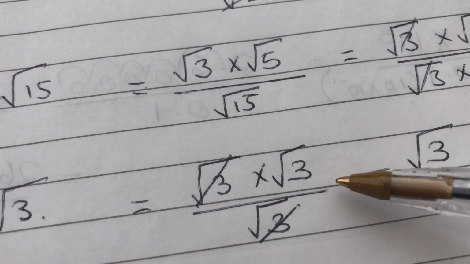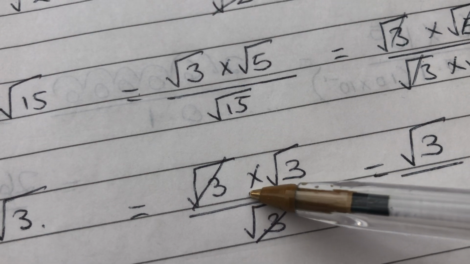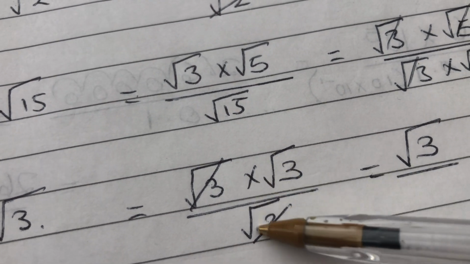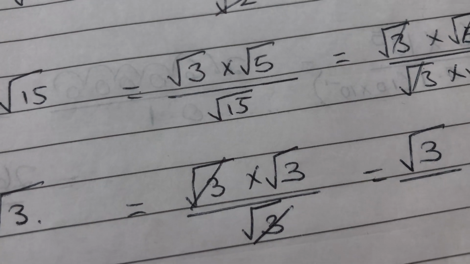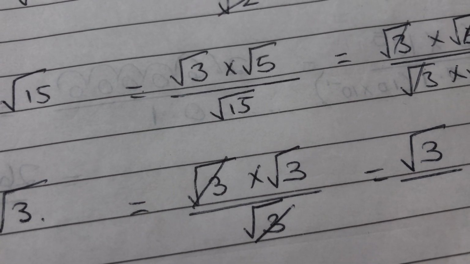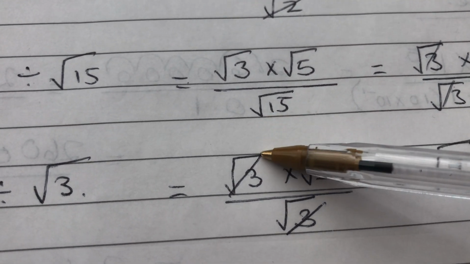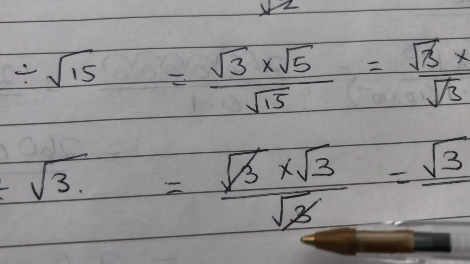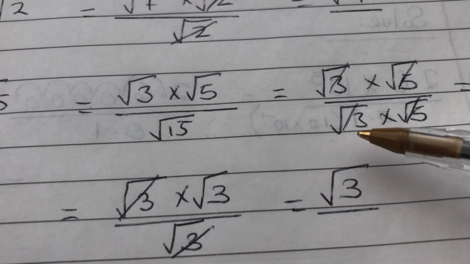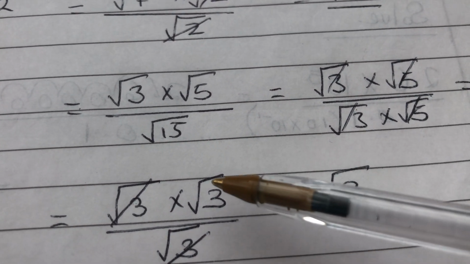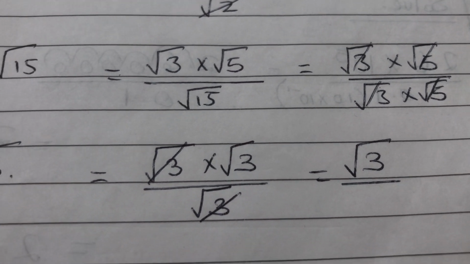And in one of the videos, I said that if the denominator has a root, it's classed as untidy, so you have to rationalize. The best thing you can do here is to cancel the root 3 out. Then you are left with root 3 on the numerator, so you don't have to rationalize again.